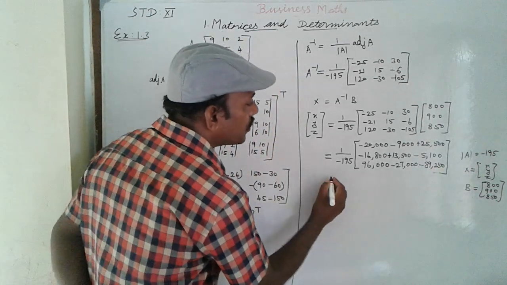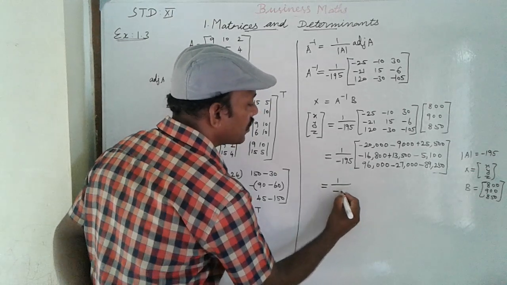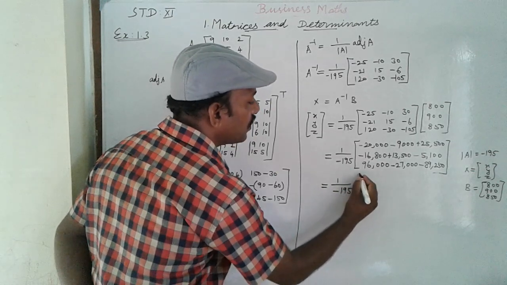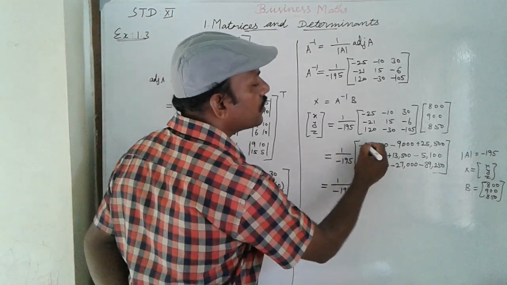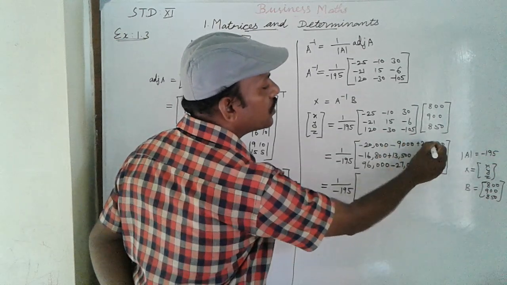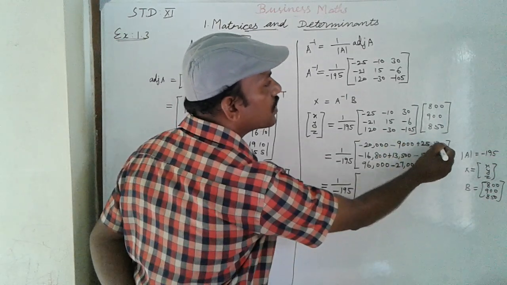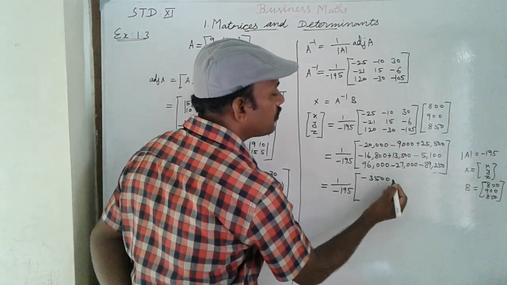We should add these, 1 divided by minus 195 into the addition value. The negative values we should add, and separately we should subtract from 25,500, which is minus 3,500.